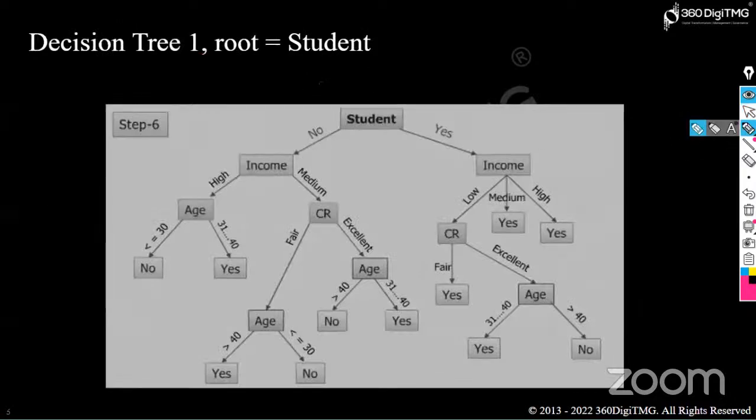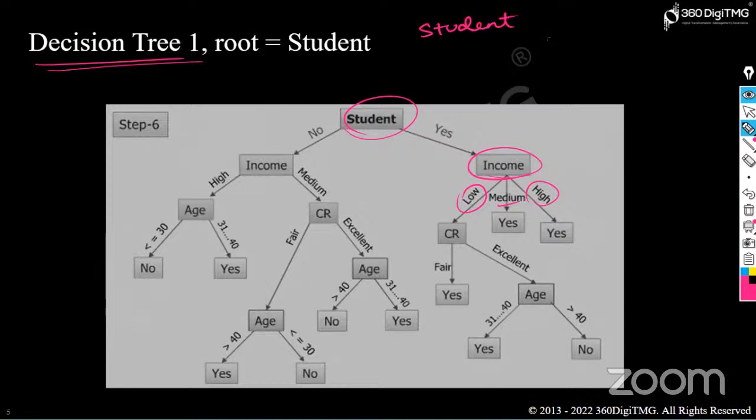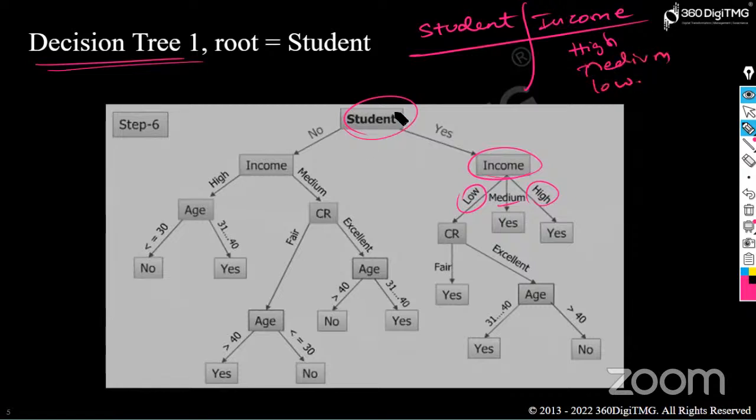So you can see from the example, the decision tree, the student is there. If he is a student and if his income is very high, very low, or medium. So you have a student column and you'll be having income. So under income, you have high, medium, and low. Okay.